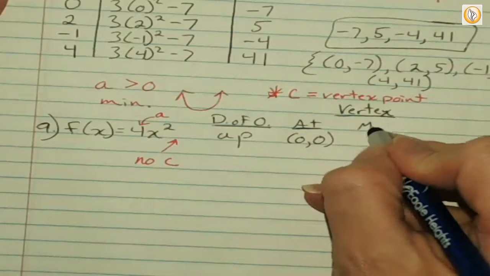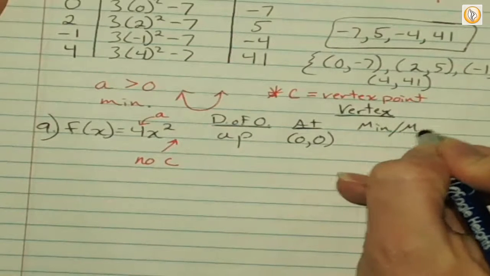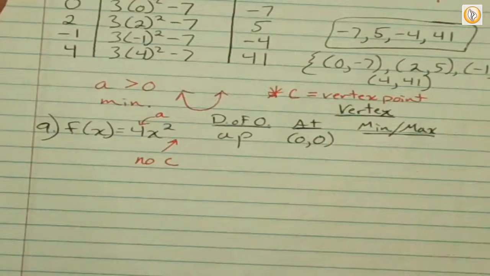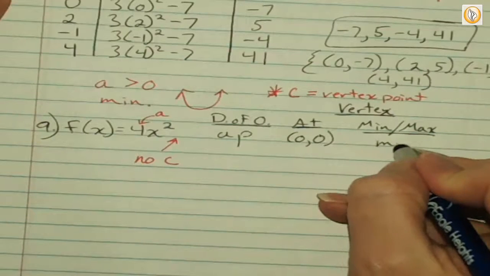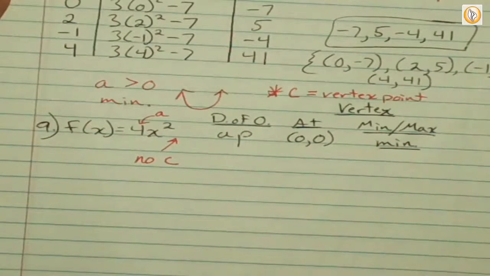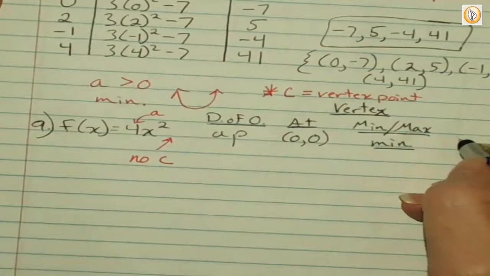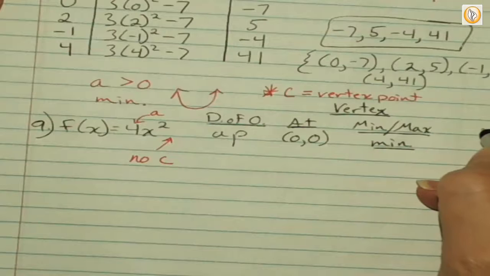Now, the next thing is minimum or maximum. Minimum. That's right. And the last thing is that steeper thing. I'm going to say shape.